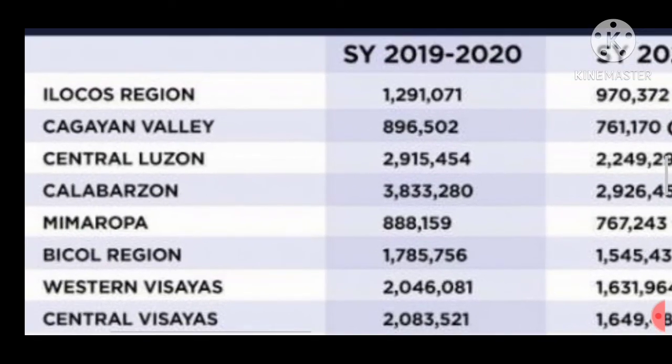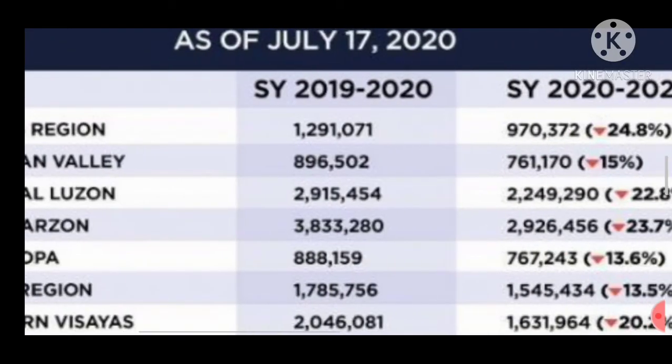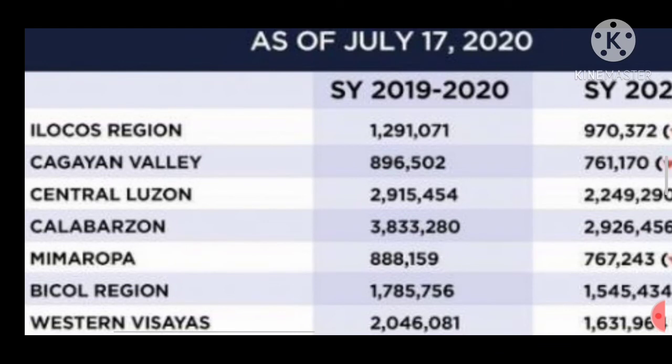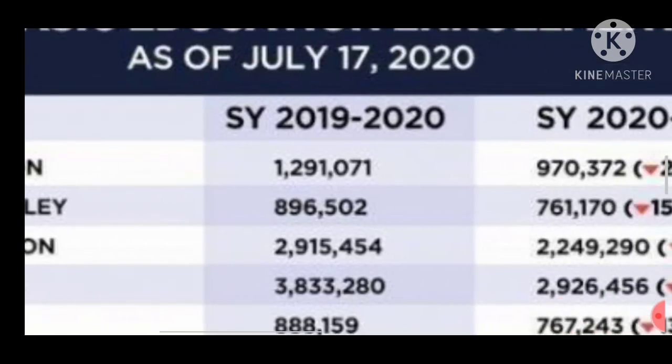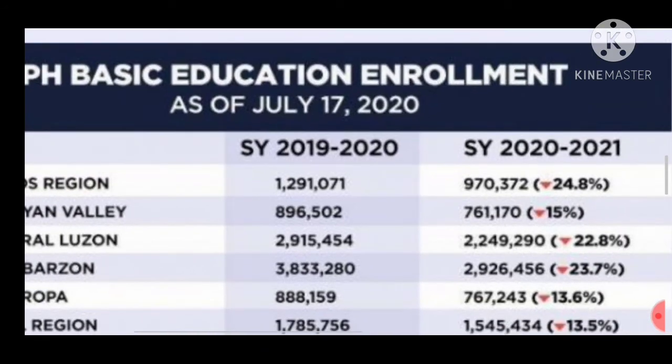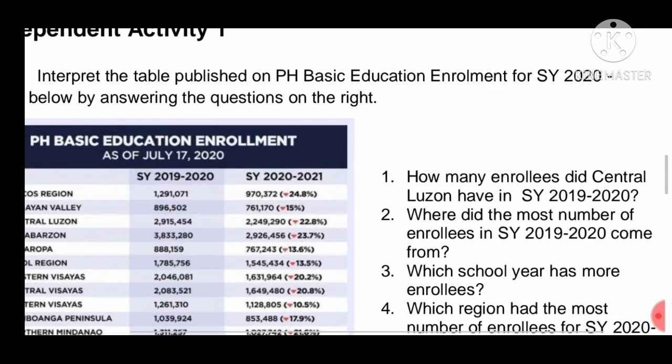So they're asking for the enrollees of 2019 to 2020. So here it goes. 2019 to 2020, Central Luzon. So there are 2,915,454. Right? Understood? Okay, so answer the succeeding questions.